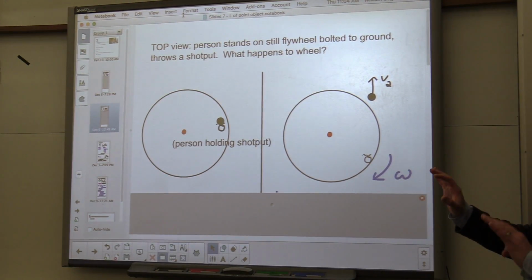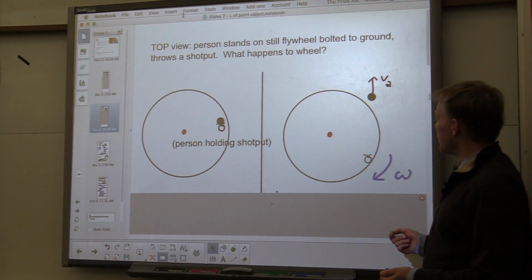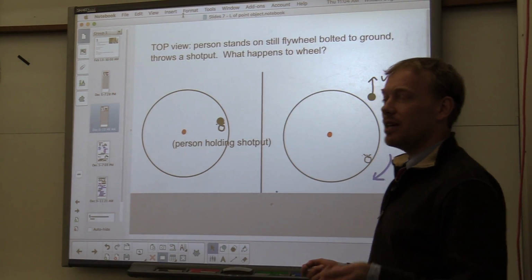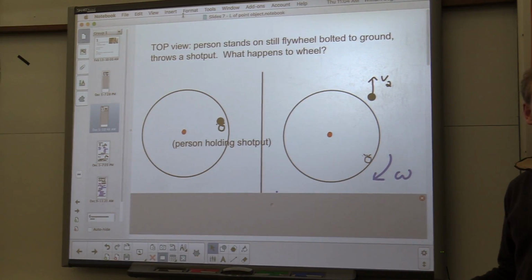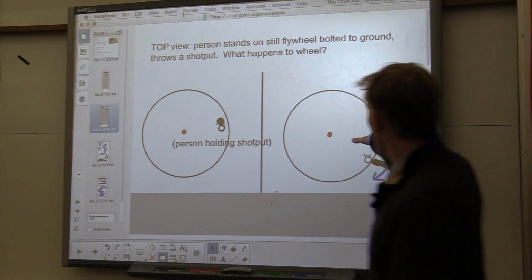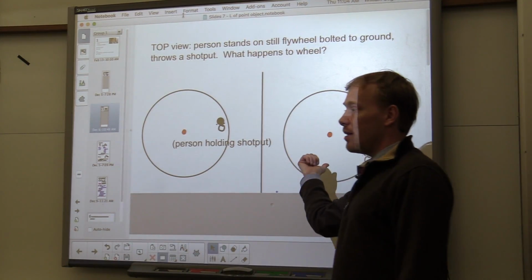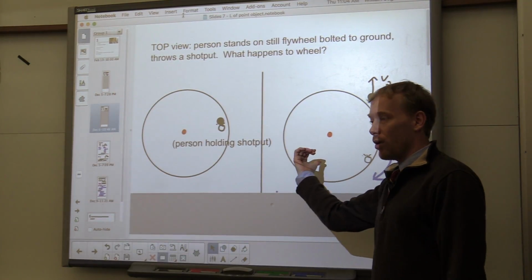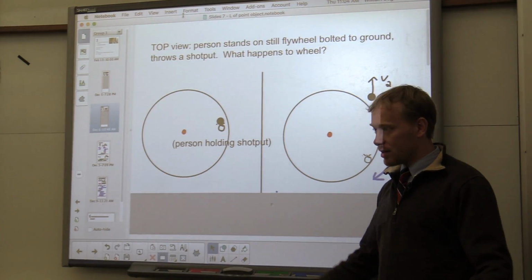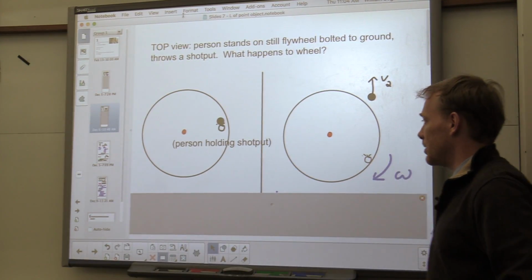We wouldn't use tangential. We would talk about maybe a translational velocity being tangential. We said clockwise. Can you give me a synonym for clockwise for a direction of angular velocity, Justine? Into the board. Yeah, that's right. If I use the right-hand rule and curl my fingers around in the direction of that angular velocity, my thumb points into the board. So we consider clockwise and into the board as being interchangeable ideas.